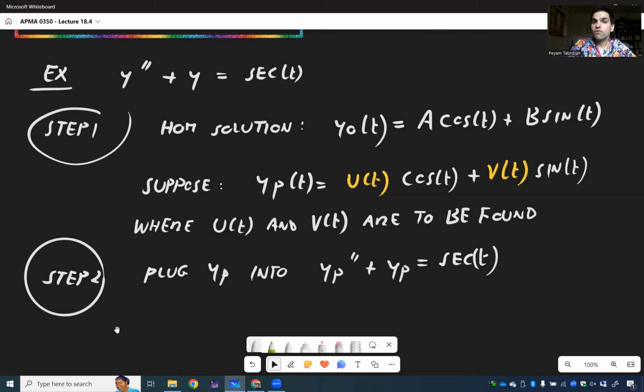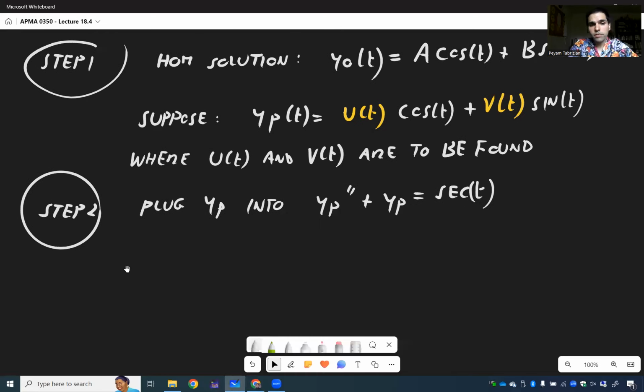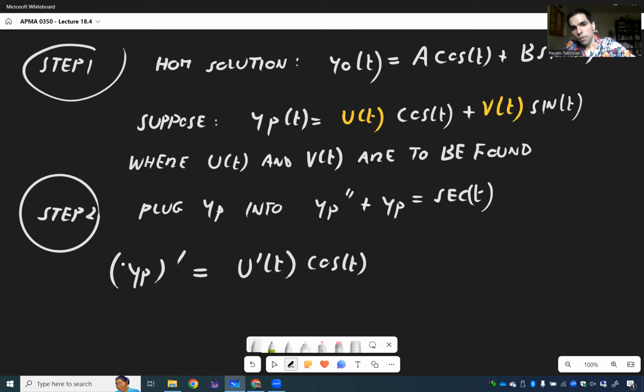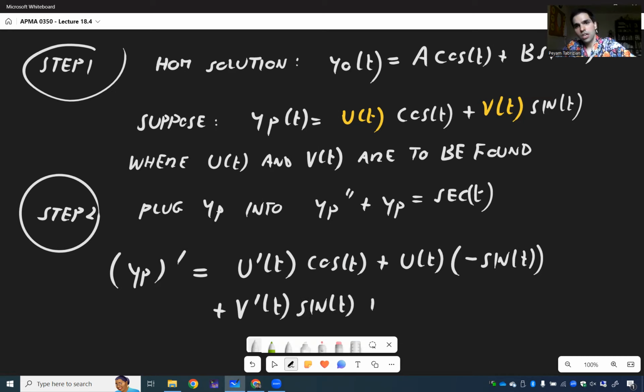And let's first differentiate y_p once. So y_p' becomes, using the product rule, u'(t) cos t plus u(t) times minus sin t, plus v'(t) sin t plus v(t) cos t.